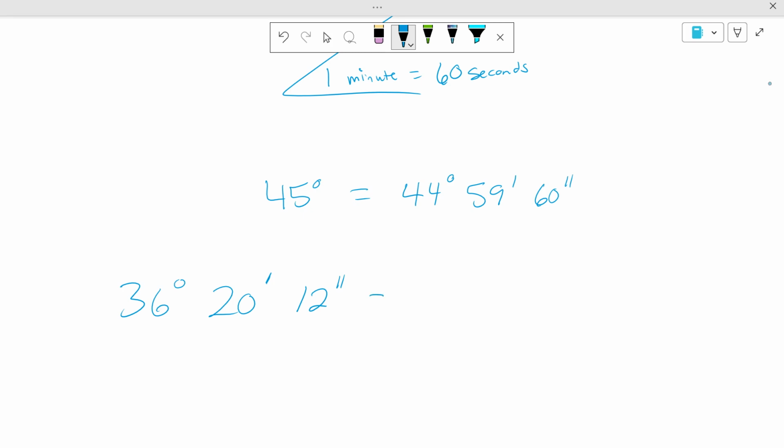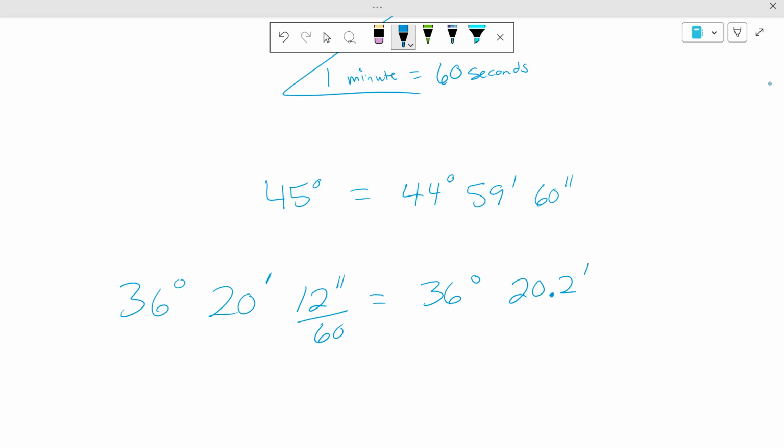So this is the same as 36 degrees, 20 minutes, and 12 divided by 60 is what as a decimal? What's 12 divided by 60 as a decimal? 0.2. So 36 degrees, 20 minutes, 12 seconds is the same as 36 degrees, 20.2 minutes.